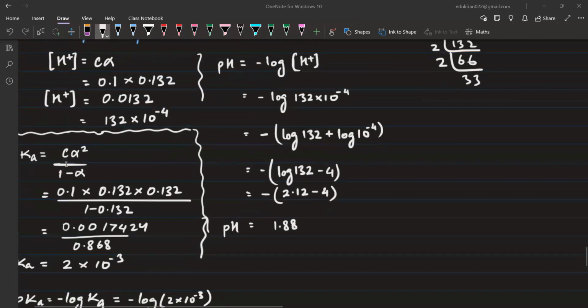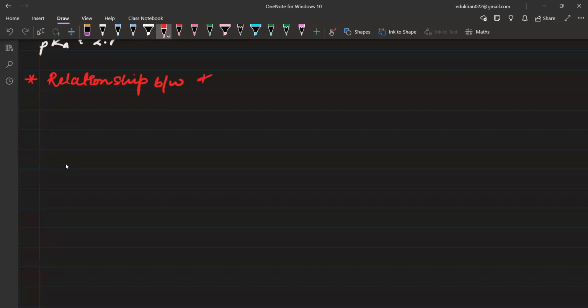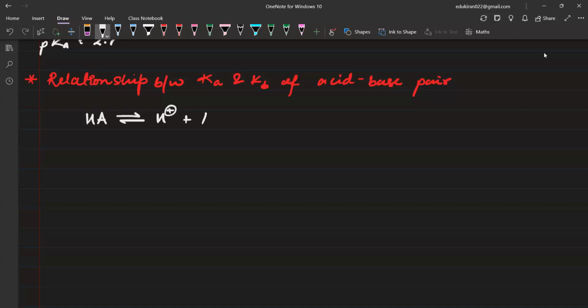No, fine. Let's now write the next topic, a small one, that is the relationship between Ka and Kb of an acid base pair. Pay attention. Let us suppose we have an acid HA, it is going to give you H positive plus A negative.